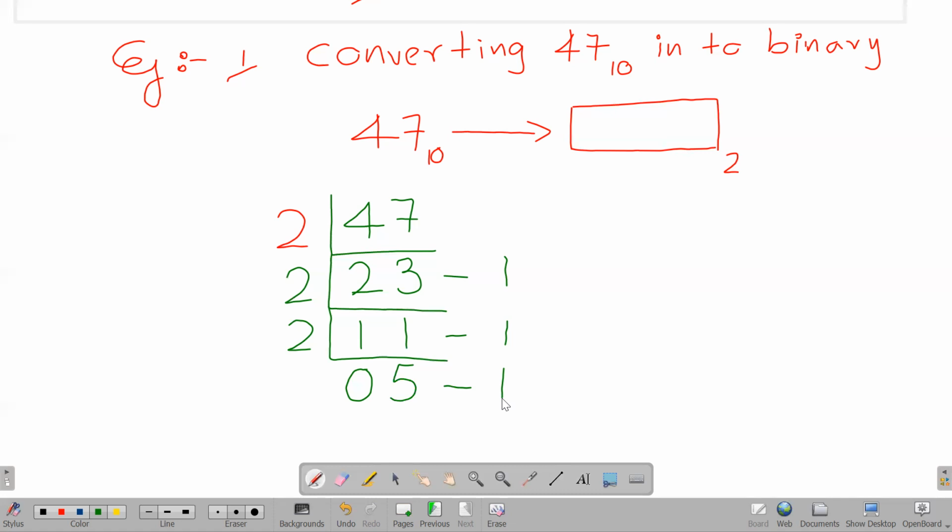Right. So the 5 is not less than 2, so we are going to divide it by 2 again. There are 2 times 2 for 5. That means 4, and 1 is remaining again.